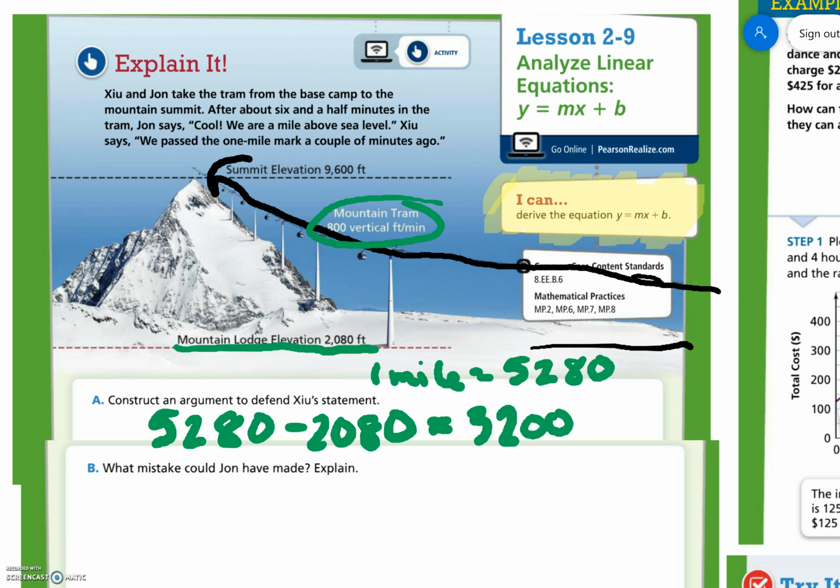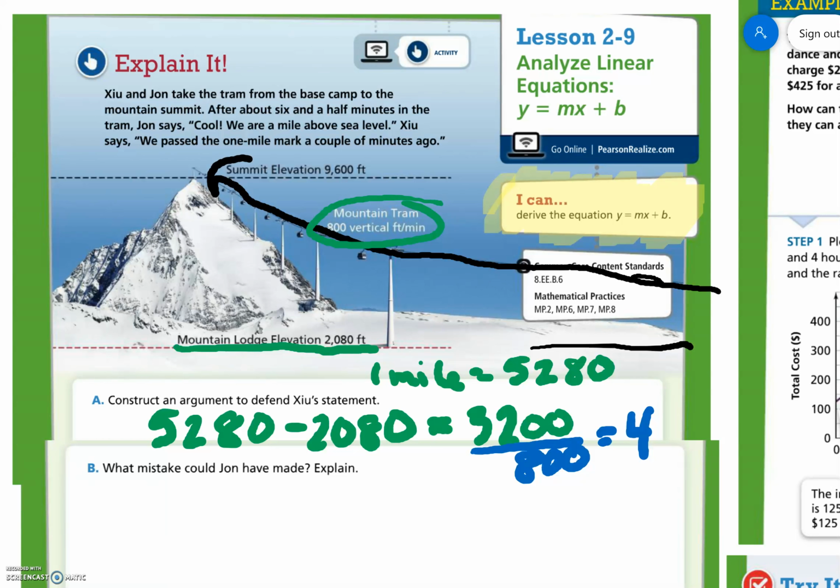And if we're traveling at a rate of 800 feet per minute, we could divide 3,200 divided by 800 equals 4. That means it would only take them 4 minutes to reach a mile above sea level, which if they've already been going for 6.5 minutes, yeah, it makes sense that they passed the mile mark a couple minutes ago.